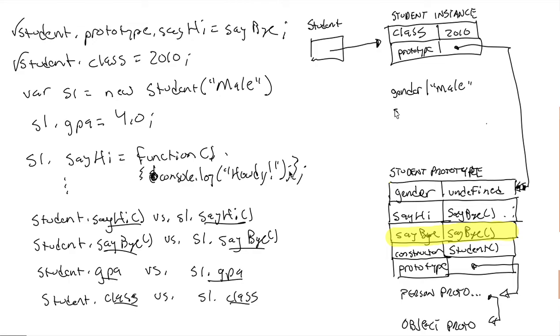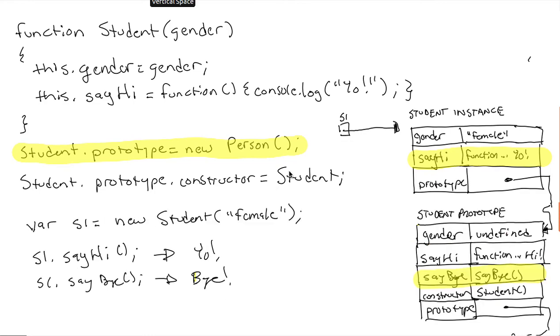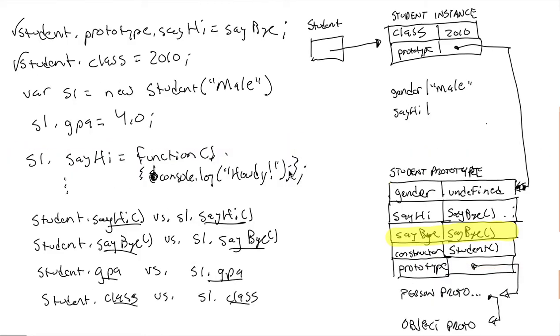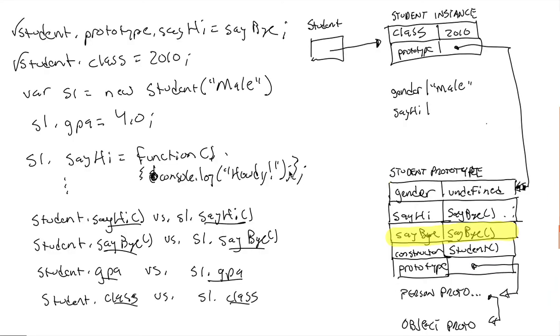We're going to have a sayHi attribute, which is, at least initially, a function which says yo.